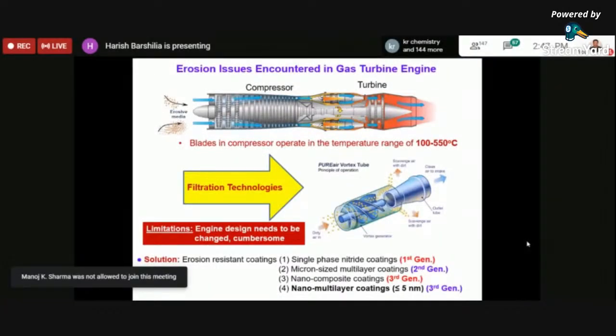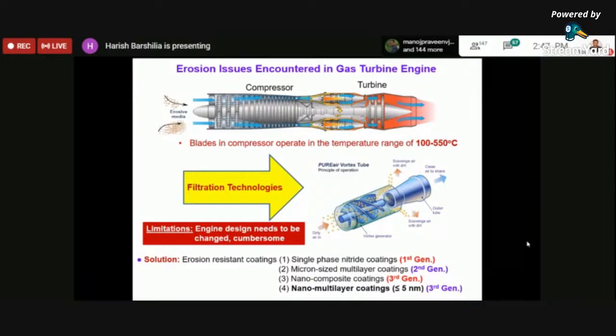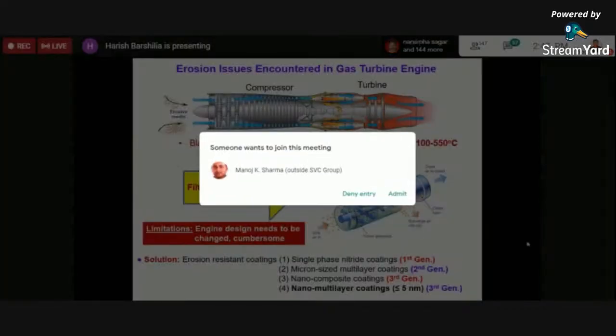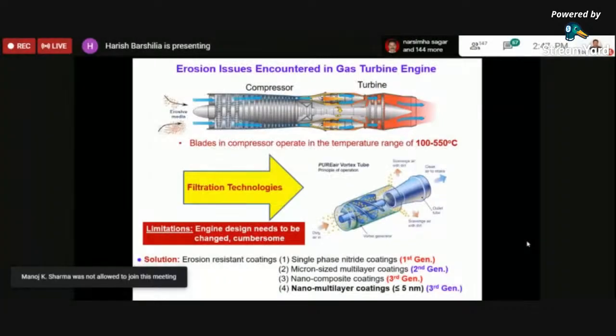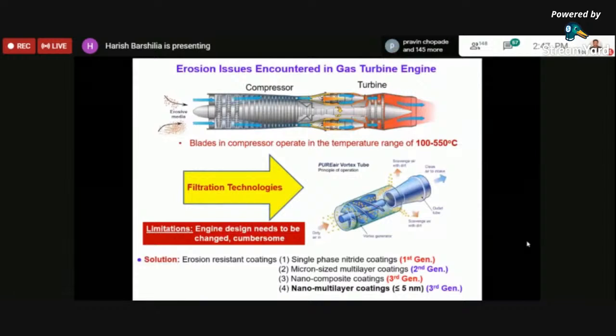So when the aircraft goes with very high velocity, there is a lot of ingestion of sand into the compressor blade and the turbine blade. So the life of the blades gets damaged, and subsequently you need to replace these blades frequently, which is a very Herculean task.